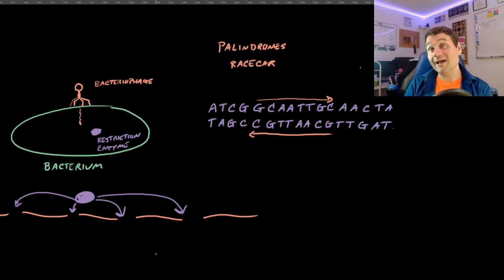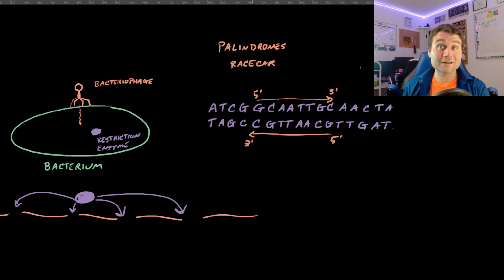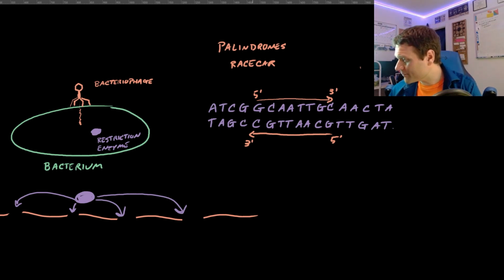Remember, DNA strands are anti-parallel. So if you're reading it, say, in the 5' to 3' direction here, that means you're reading it in the 5' to 3' direction, going the opposite direction down here. So you are reading it in the correct way.